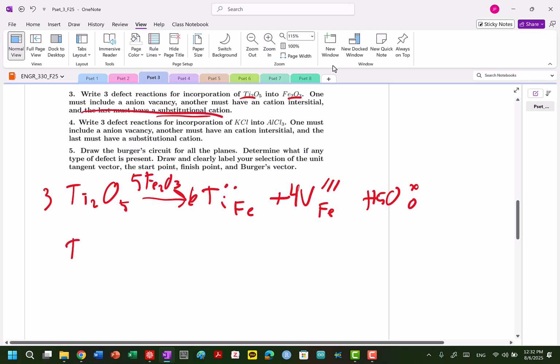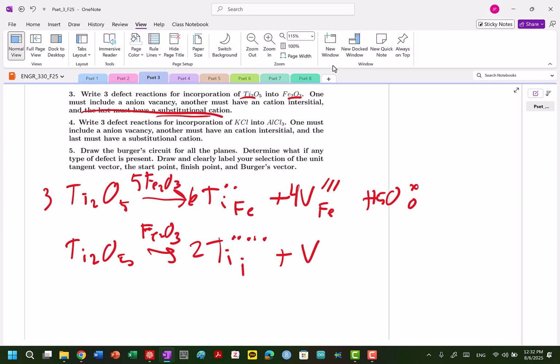Cation interstitial. Let's try to do something different. Fe2O3. So for the cation interstitial, a substitutional cation, Ti interstitial goes to 1, 2, 3, 4, 5. I'm going to pop a 2 here just because I want to keep it right there as well. So I need plus a vacancy. Now, this is where we get a little bit tricky because of minus 3, so we might have to change that.